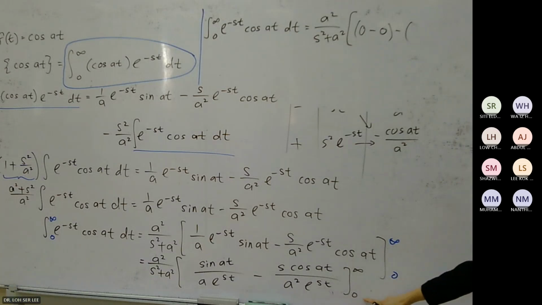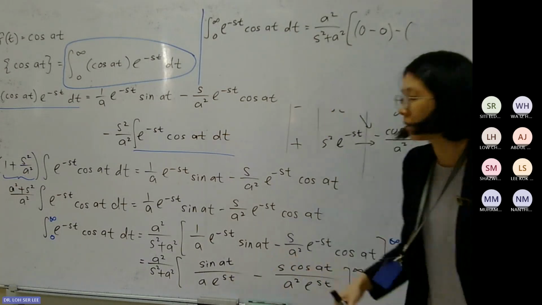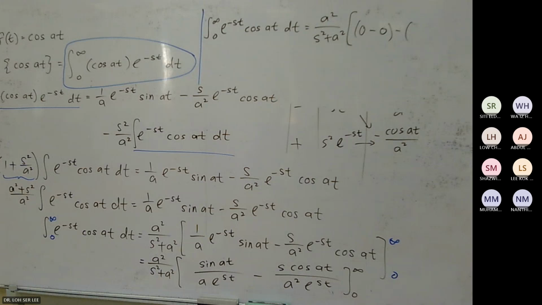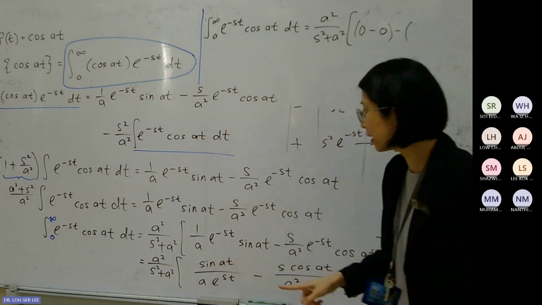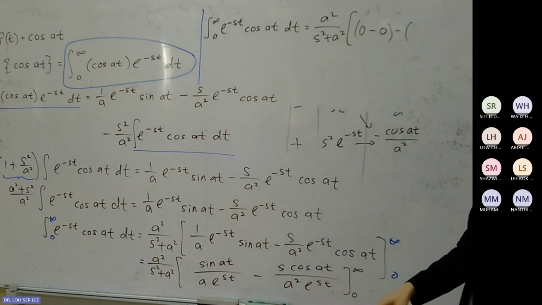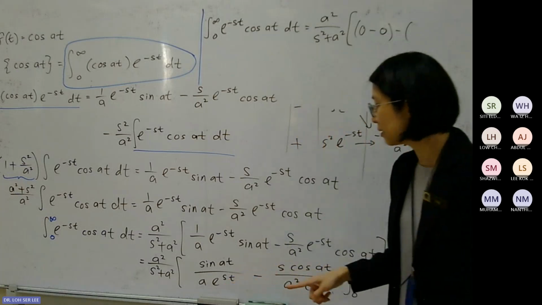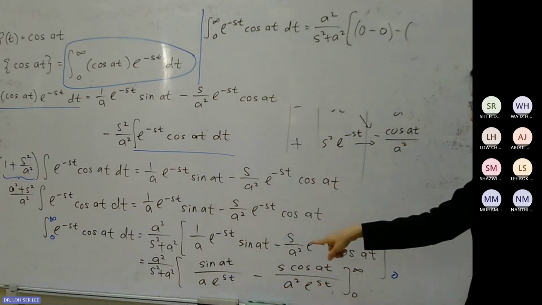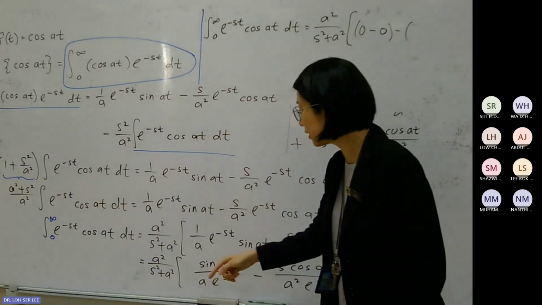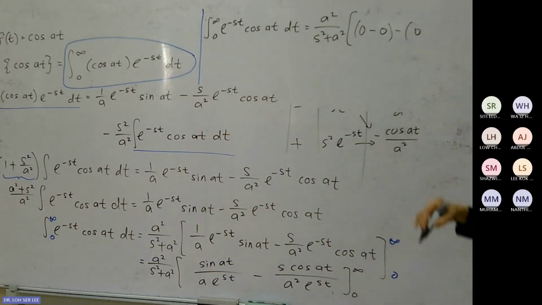Now, 0 into t. Sine 0 is 0. e^0 is 1. So 0 over a, 0 over a is 0.